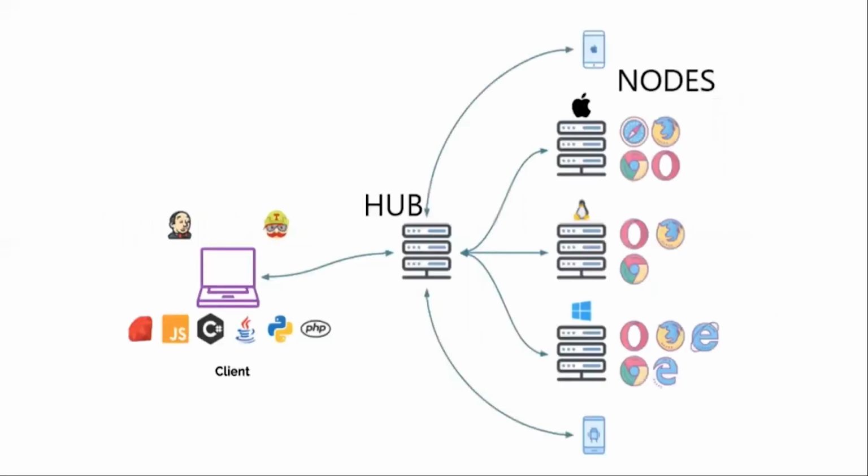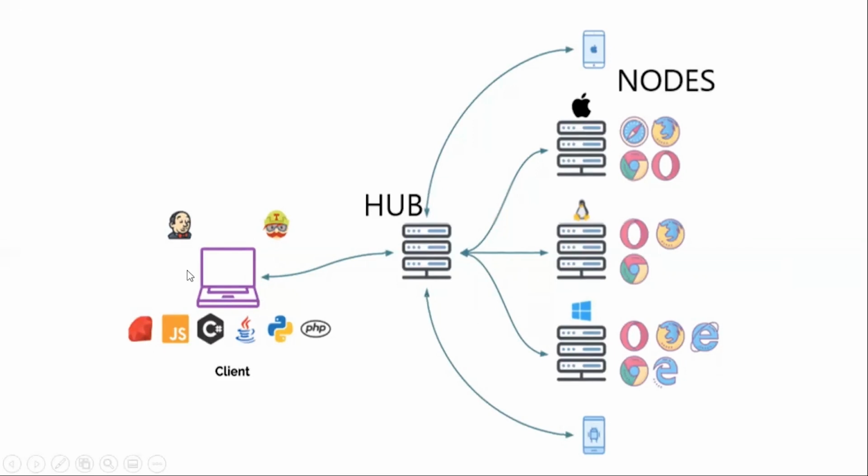As I mentioned, Selenium Grid is where you create a hub-node network. We will create one system as a hub, and then we'll create multiple nodes, and those nodes will connect to this hub. Using the client library, you can execute your code. Basically, you send your commands to the hub, and it's the hub's responsibility to distribute that execution.